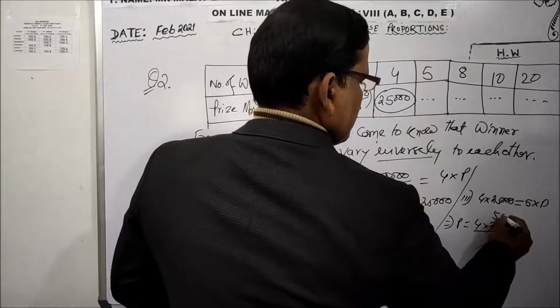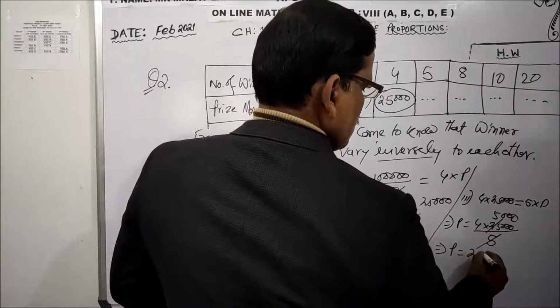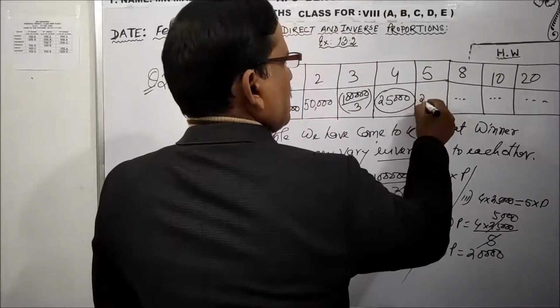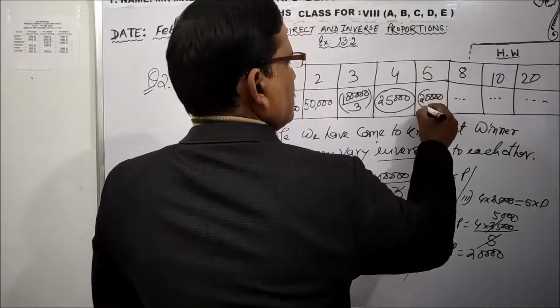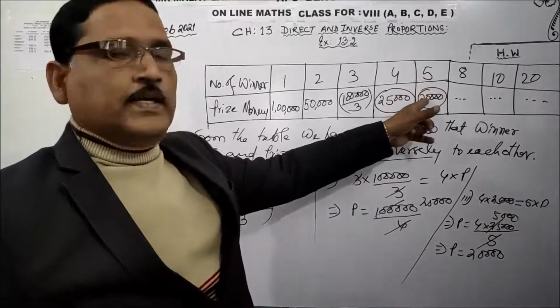Cut, 5,000. So P will be equal to 20,000. So here the answer will be 20,000. Why? Because if you multiply, it will come to 1 lakh.